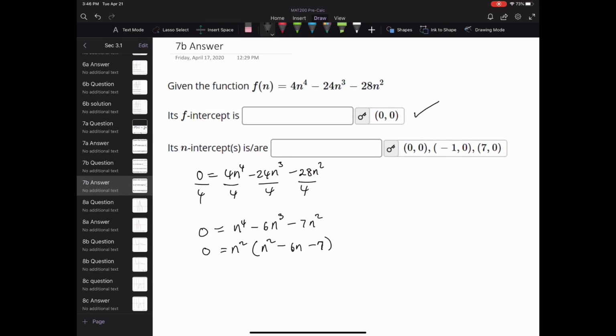And let's just factor out that piece right on the inside here. Two numbers that multiply to -7 and add to -6 are -7 and +1. And there you go. You'll get 0, 0 from this. You will get the +7 root, and then you'll get the -1 root from that one.